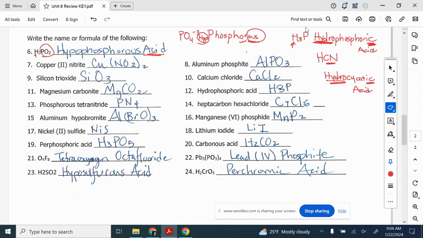All right. So what if it doesn't start with H? Then we need to look. Are all of the elements in there nonmetals? If they're all nonmetals, then we're going to go with the covalent naming procedure. All right.